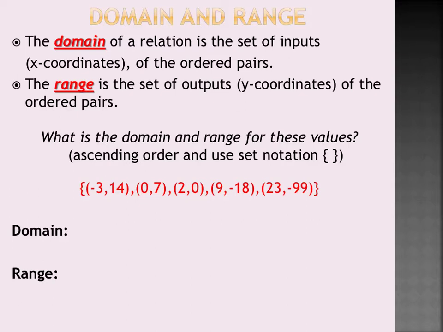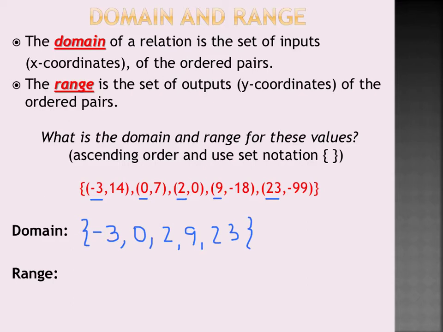So the domain is going to be just the x values, and I want to write those in ascending order. We're going to use set notation, so I have an open bracket, and then we're going to write them from smallest to largest. So smallest here is -3, and then it looks like we're going to have 0, 2, 9, and 23. Close the bracket.